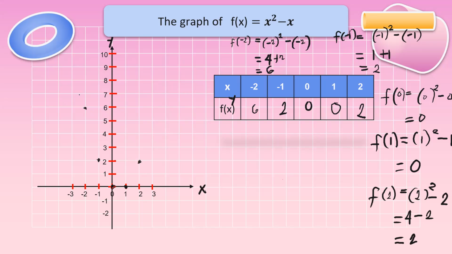Then we connect the points. Oops, just imagine it as straight. So it curves. So that is the graph of the function f of x equals x squared minus x.